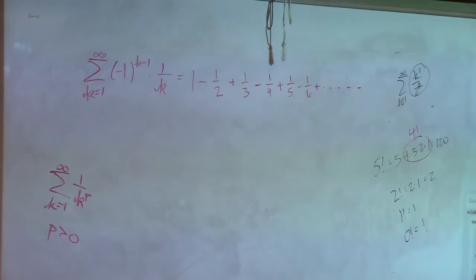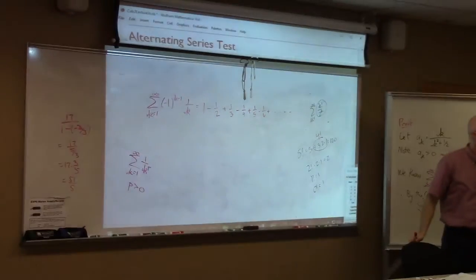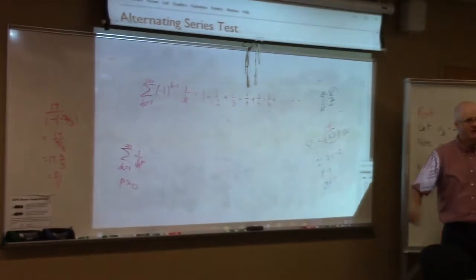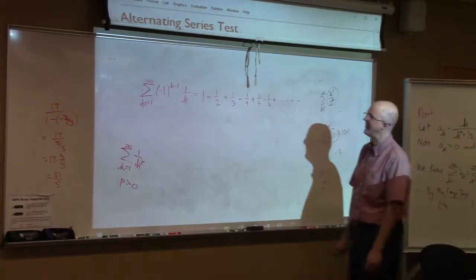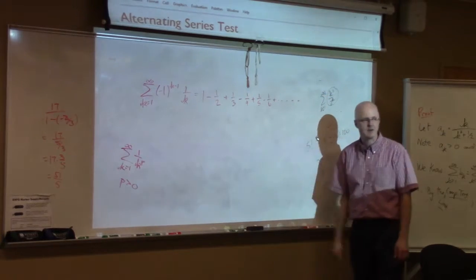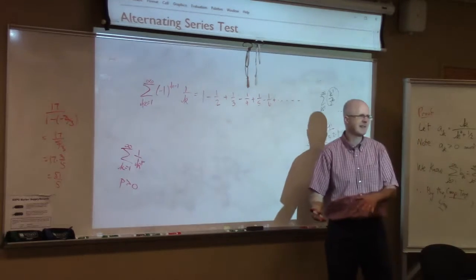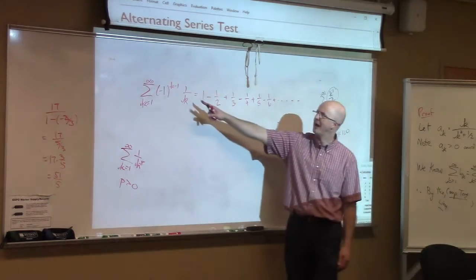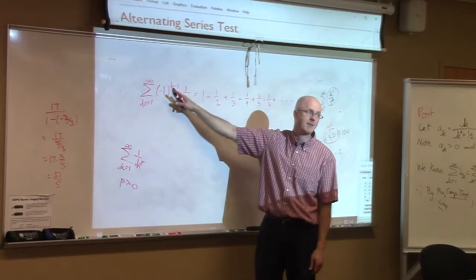If these were all plus signs, that would be the harmonic series, and it would diverge. But they're not all plus signs. They alternate plus, minus, plus, minus, etc. They could also alternate the other way, minus, plus, minus, plus. I could make this power a kth power instead of a k minus first power.